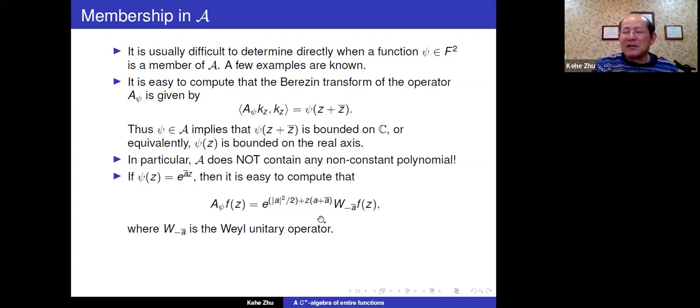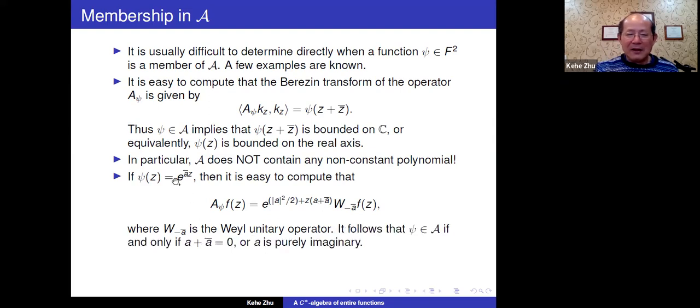But on the Fock space, there's no non-trivial multiplication operator. So in order for this to be bounded, a plus a bar has to be 0. That means a has to be purely imaginary. So you see that a linear exponential function like this belongs to the algebra A if and only if the constant a is purely imaginary. So you don't get a lot of linear exponential functions, you only get some very special ones.